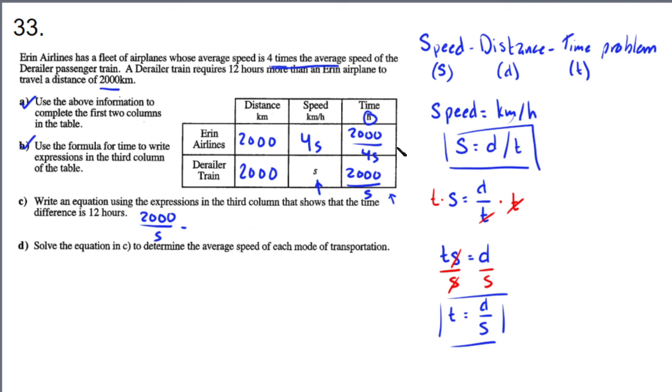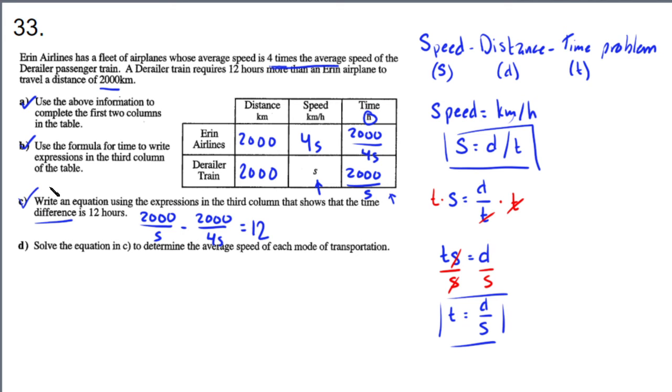So this is going to have a smaller value because it's traveling faster. And if we subtract those two quantities, we get 12 hours. Anytime you see the word difference, it means subtraction. In this question, you have to be careful what you subtract from what. So you need to subtract it in this order in order to get a positive value here.